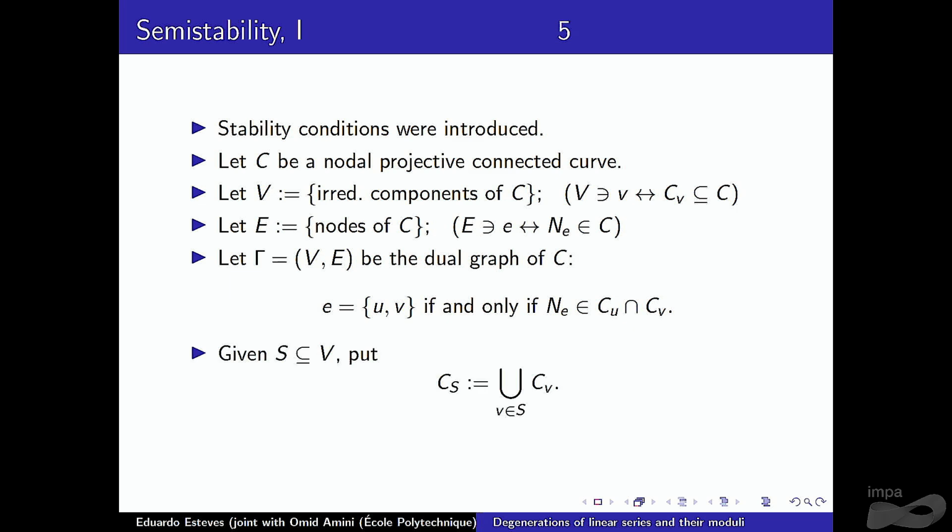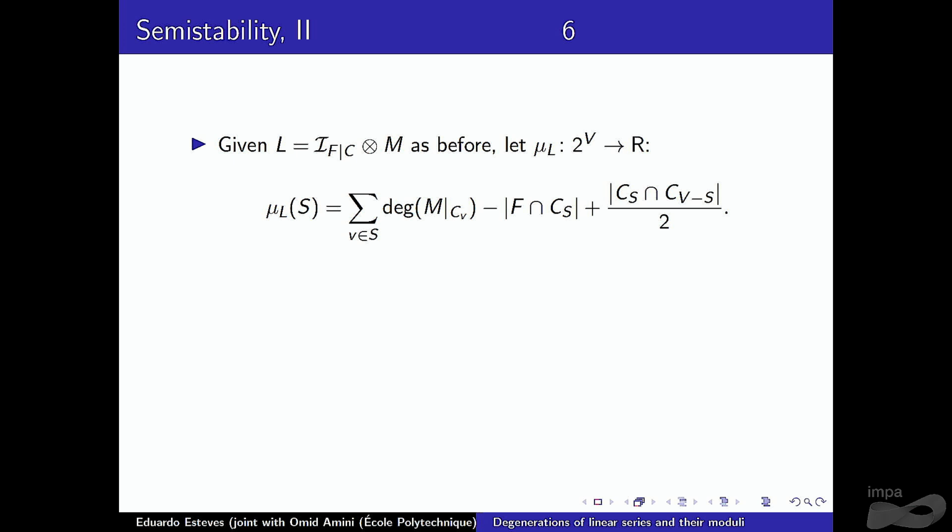Given a subset of irreducible components, we can consider their union. It's a subcurve. And what we can do is try to compute the multi-degree, or the degree, of your sheaf on that curve. If it was just a line bundle or sheaf, then we're just summing up the multi-degrees on each of the components inside C of S. But there is a correction here if you have this divisor.